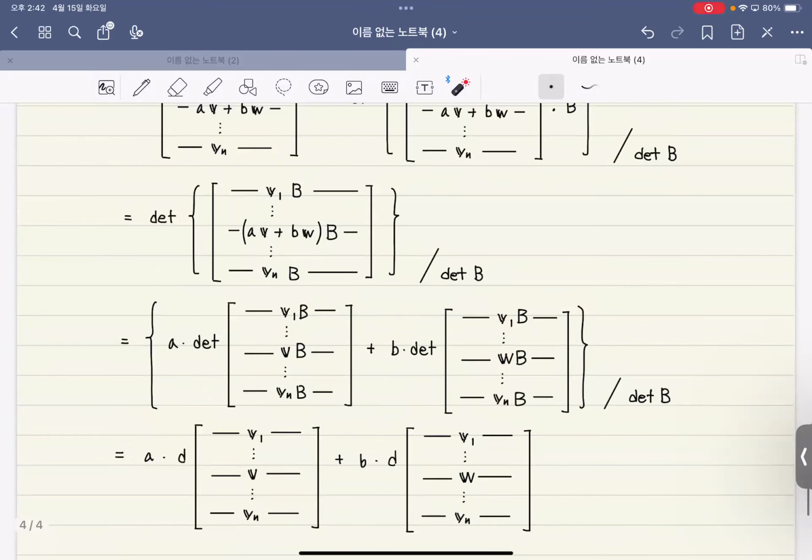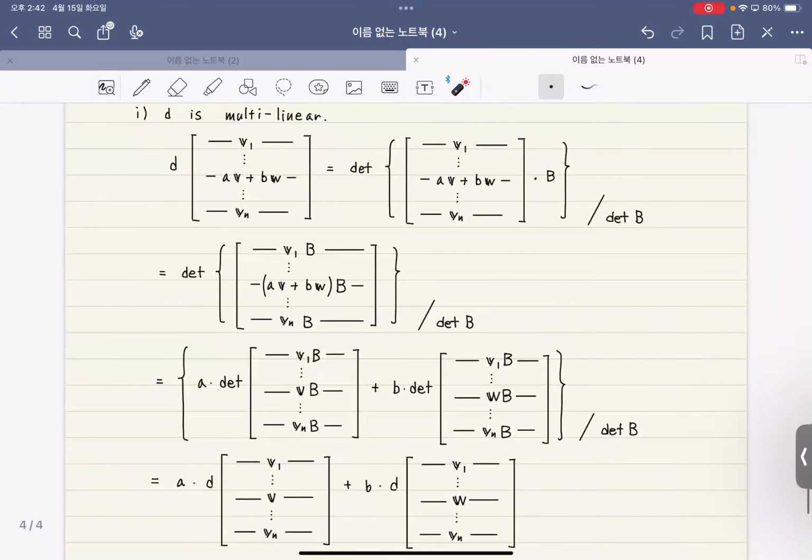Let me focus on the beginning and the end: D of this guy we were able to split into A times D of this plus B times D of that. So we are safe to say the function D is multilinear on the ith position, and therefore every position.